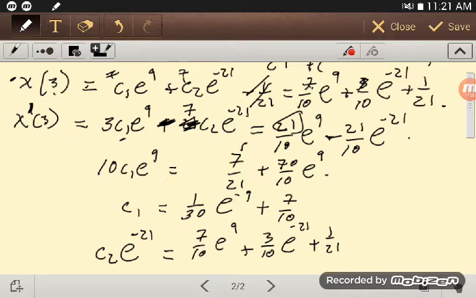And now I need to subtract off my C1 e to the 9, so I'll have minus 1 over 30, where the two exponentials cancel out, and then I'll also have a minus 7 over 10 e to the 9.